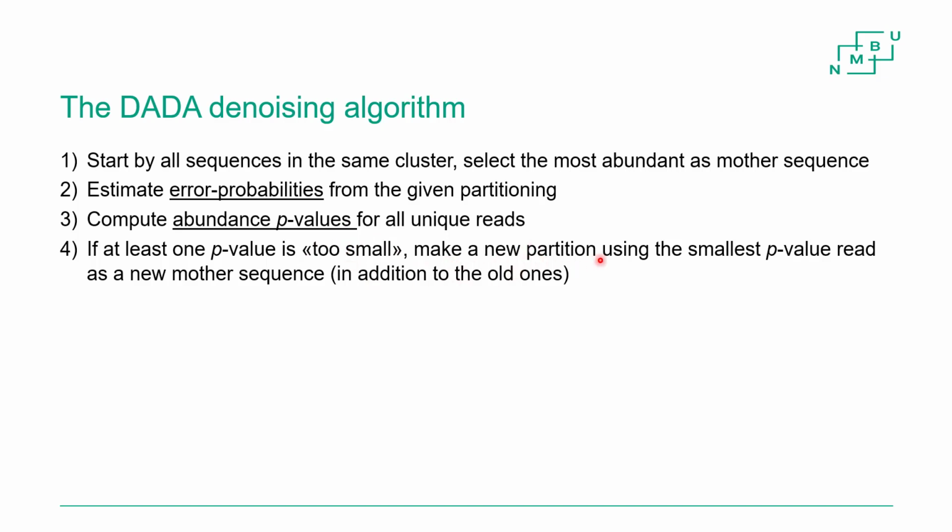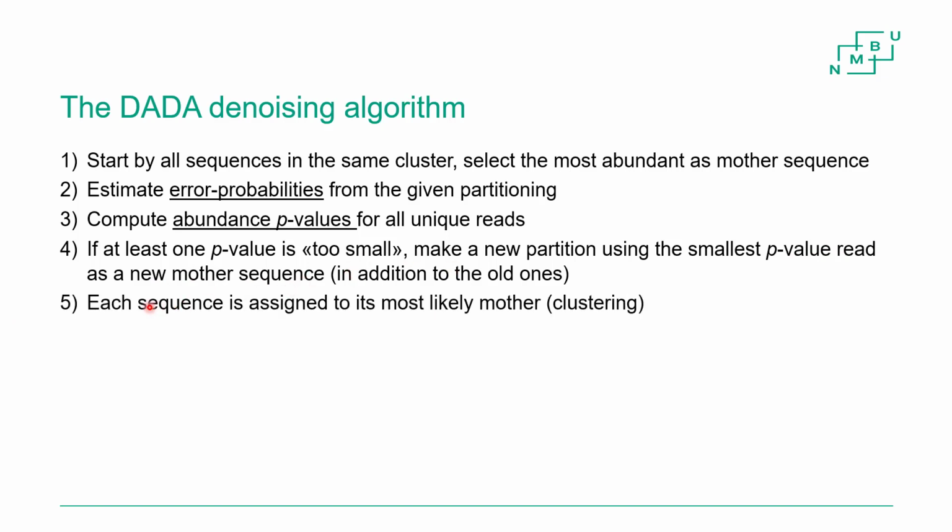Then we make a new partition or grouping, so we get sort of two mothers instead of one. And then we choose the one with the smallest p-value as the new mother number 2, you could say. And then you continue on this. Each sequence is assigned to its most likely mother, and you continue until all p-values are large enough.